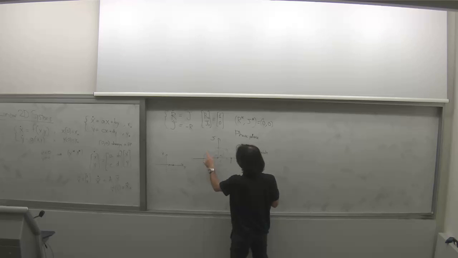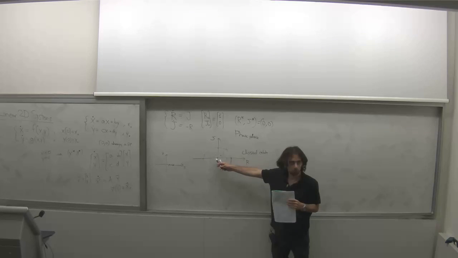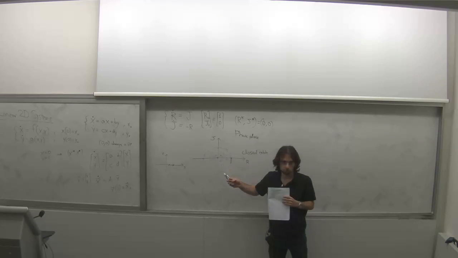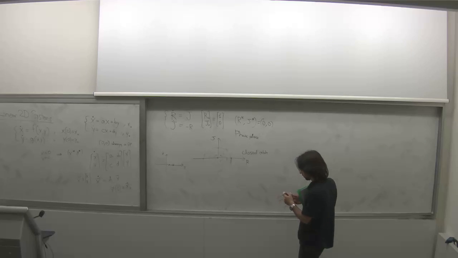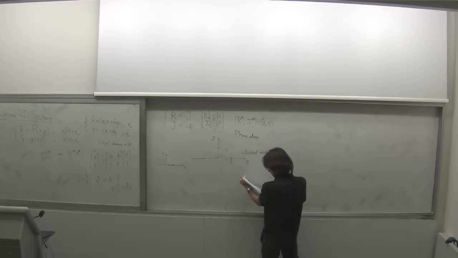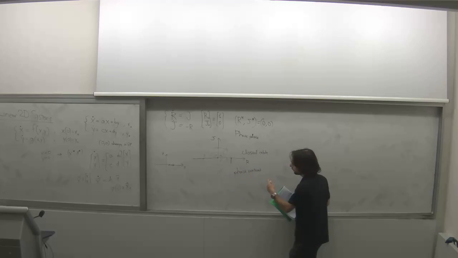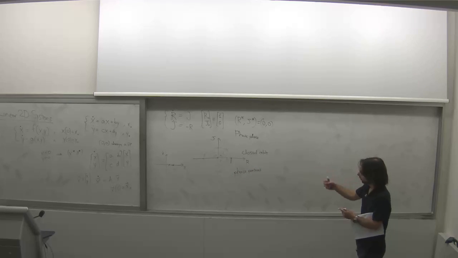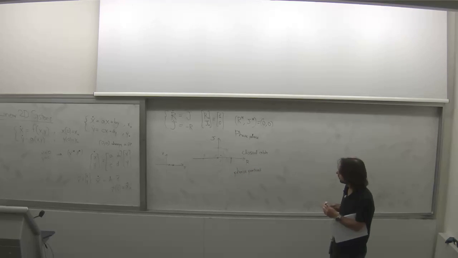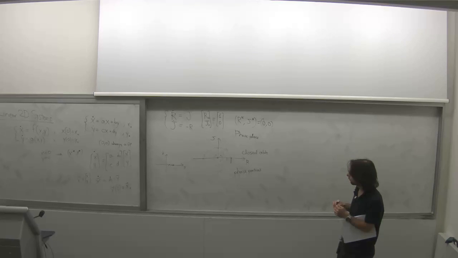So this picture that shows us the fixed point and the trajectories here is called our phase portrait. We had a phase portrait before, but this is what it should look like in the 2D system.